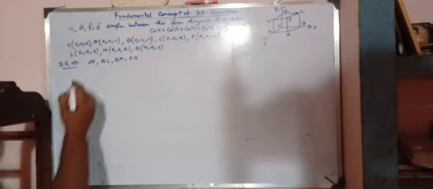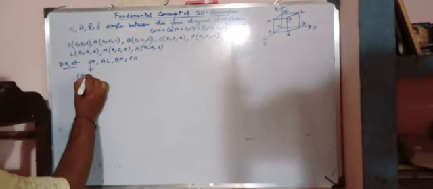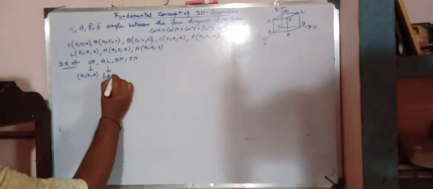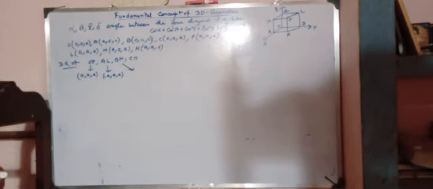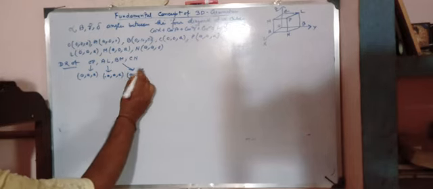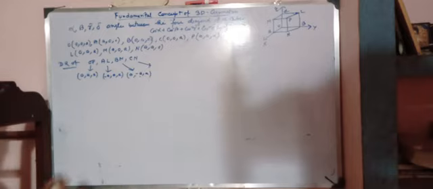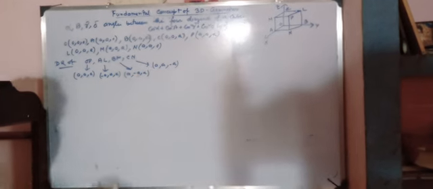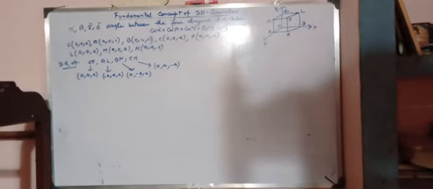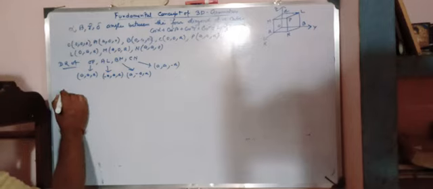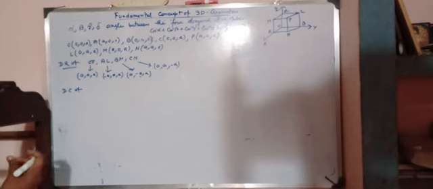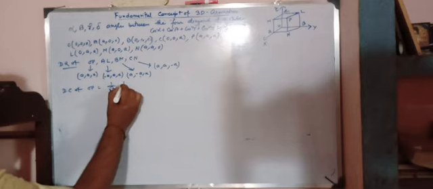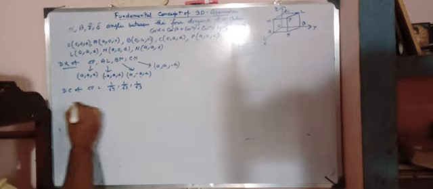For OP, the direction ratio should be A, A, A. For AL, the direction ratio should be minus A, A, A. For BM, the direction ratio should be A, minus A, A. For CN, the direction ratio is A, A, minus A. The direction cosines of OP are 1 by root 3, 1 by root 3, 1 by root 3.